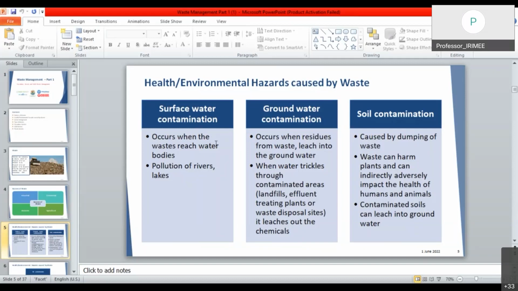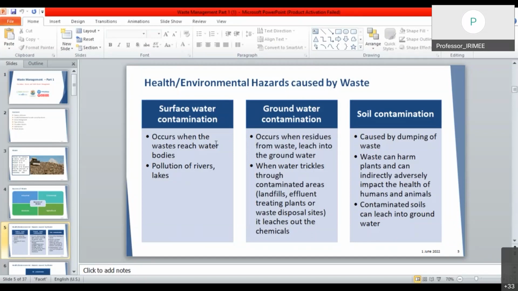The waste that we dispose of in the pits, or even if it is left over somewhere, percolates into the water.